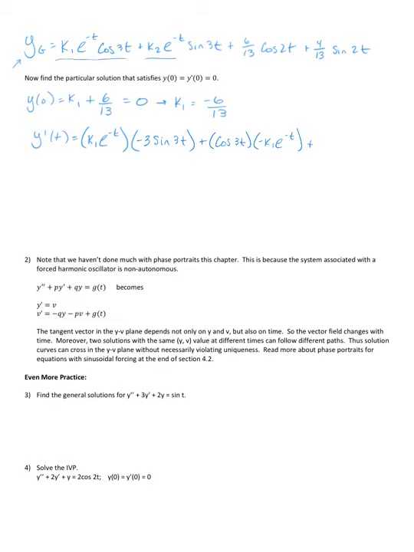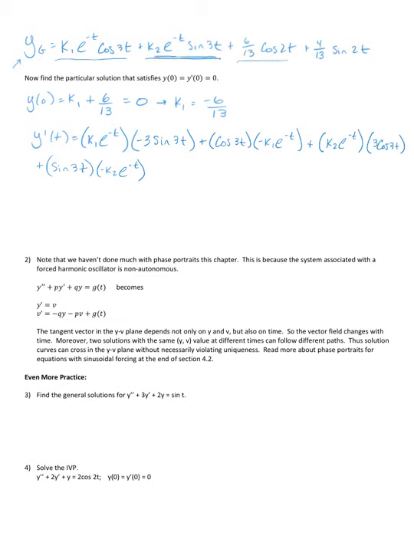Now I'm working on the derivative of this term, which again, I'm going to have to use the product rule. So I have first, k2 e to the negative t, times the derivative of the second, which is 3 cosine 3t, plus the second, sine 3t, times the derivative of the first, negative k2 e to the negative t. Okay, that finishes the derivative of that term.